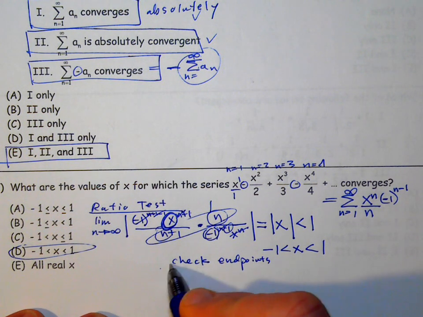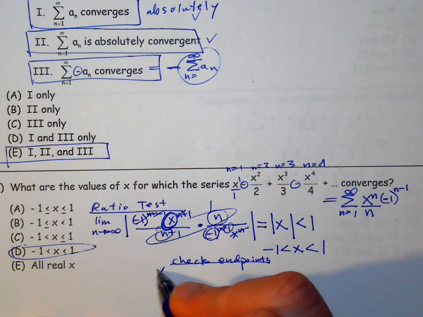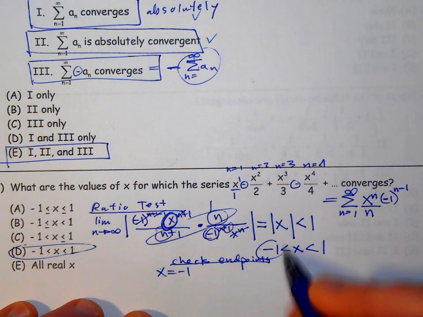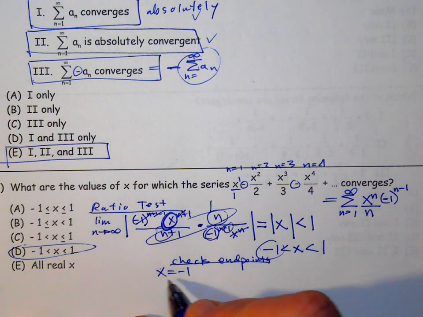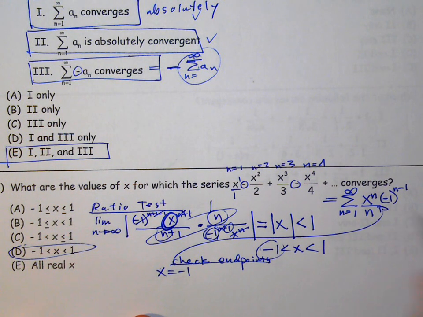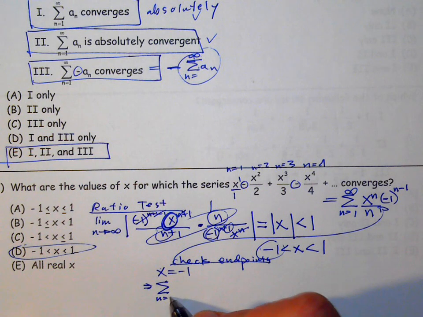So let's make some statement in our work that we're checking the endpoints, and this is the one I'm checking first, or the other one. Write down the value of x that you're going to check, and plug that back into the power series, and you get a number series out of it. So we're going to get the sum from n equals 1 to infinity.